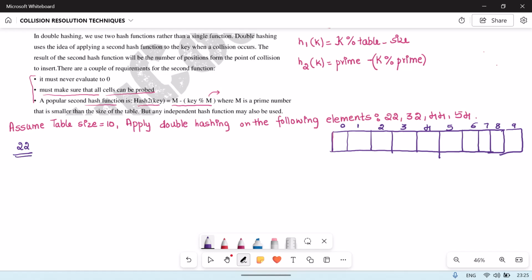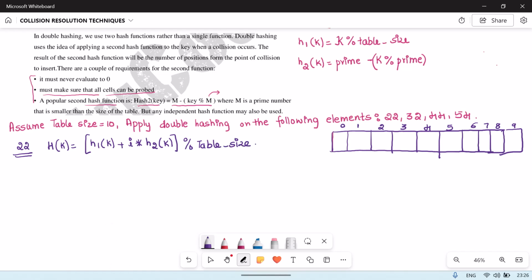So I will take that formula. If you remember, h of k is h1 of k plus i times h2 of k, mod table_size.